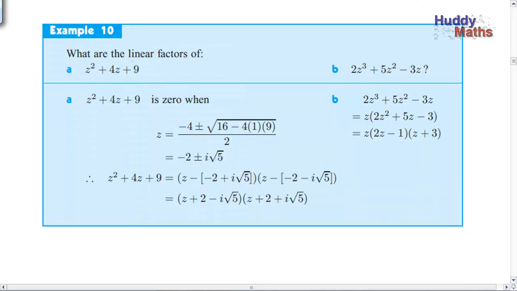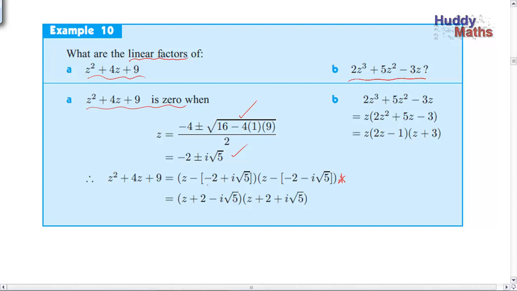So again, we're finding the linear factors of a couple of functions here. First of all, you might find the zeros. So put the function equal to naught, use the quadratic, get that, and now we're constructing the factors.